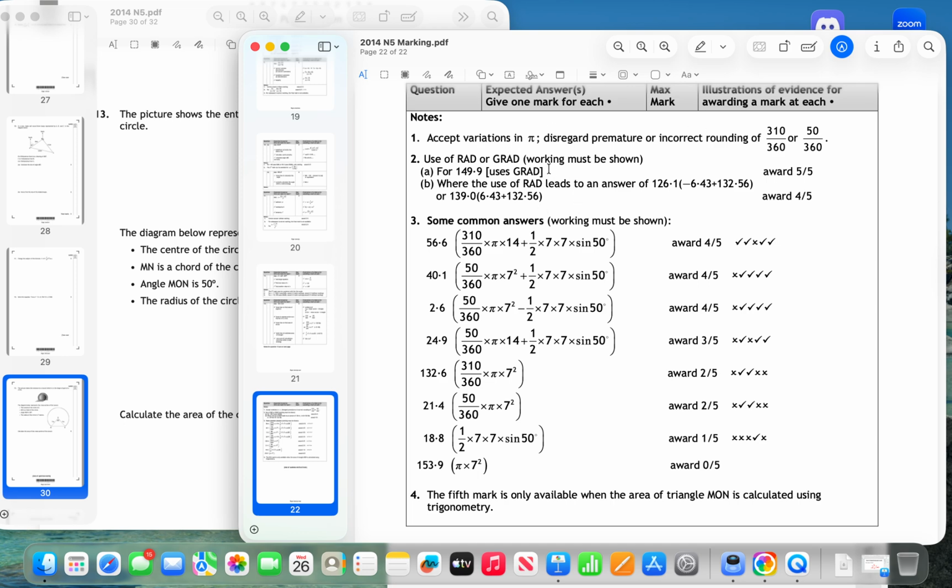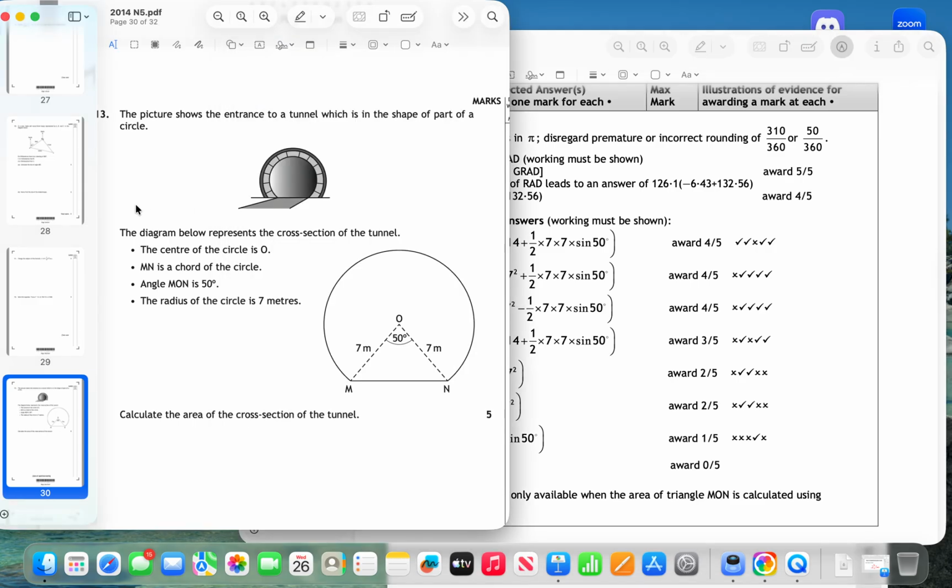And as a word of warning, you have to make sure that the calculator is on degrees, because until you get to higher, you don't need to know how to use radians. That's above your level, but you will lose at least 1 mark per paper if you do not switch your calculator to degrees. At Nat 5, you just have to worry about degrees.